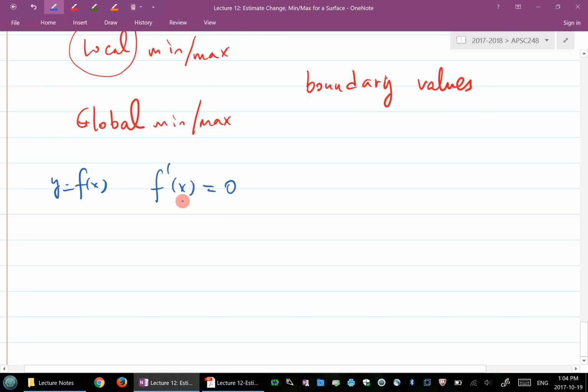You solve this, you get a certain value for x. That value of x is probably, not necessarily for sure, going to be a minimum or maximum location. So when the slope is equal to 0, you're most probably at a minimum or maximum. Why do I say probably? Because there's one possibility, which is what?